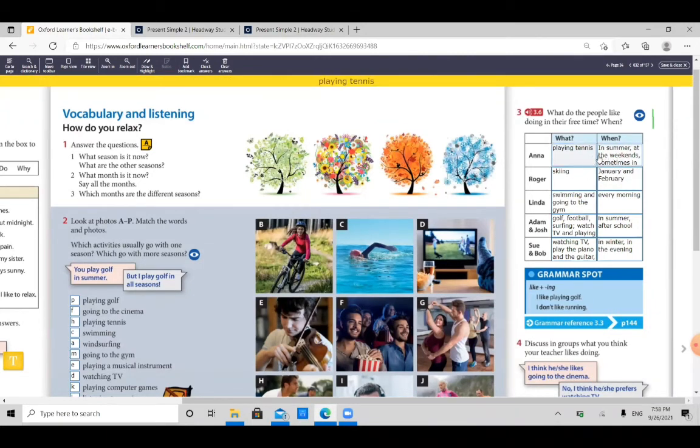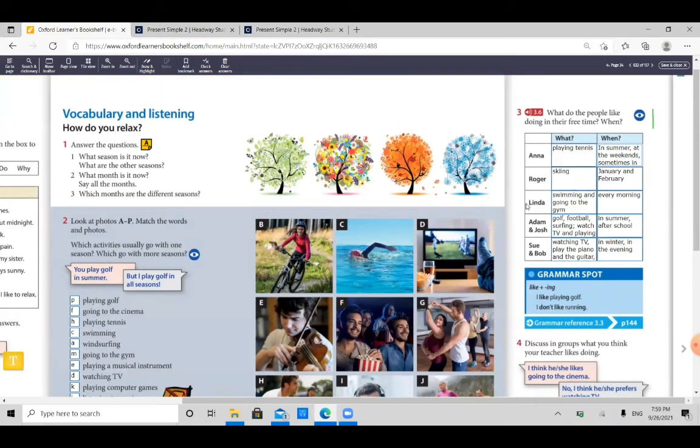So she usually plays tennis in summer, or she always plays tennis at the weekend, or she sometimes plays tennis. So as you see, these are time expressions to complete when she likes to do this activity.